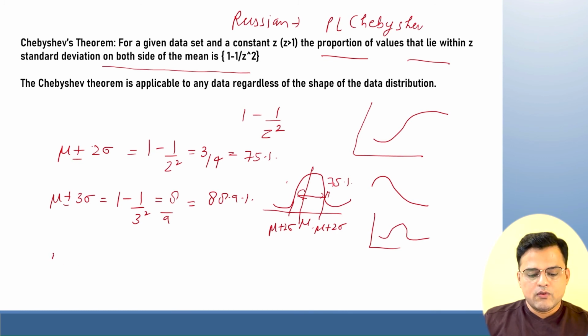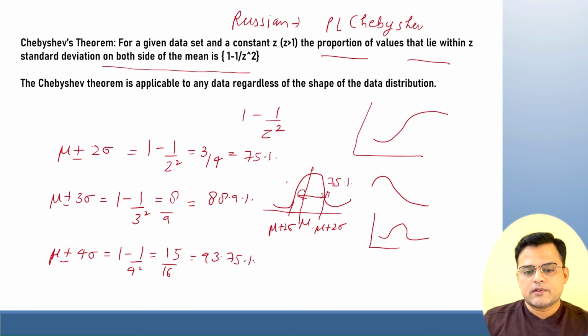And if you do mu plus minus 4 standard deviations, 1 minus 1 by 4 square is equal to 15 by 16, which is 93.75%. So this becomes very important: regardless of the shape of the distribution, 93.75% of the values will lie within 4 standard deviations of the mean.